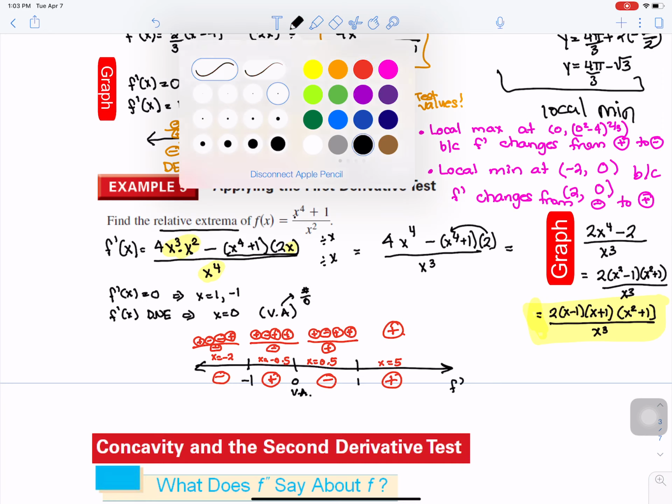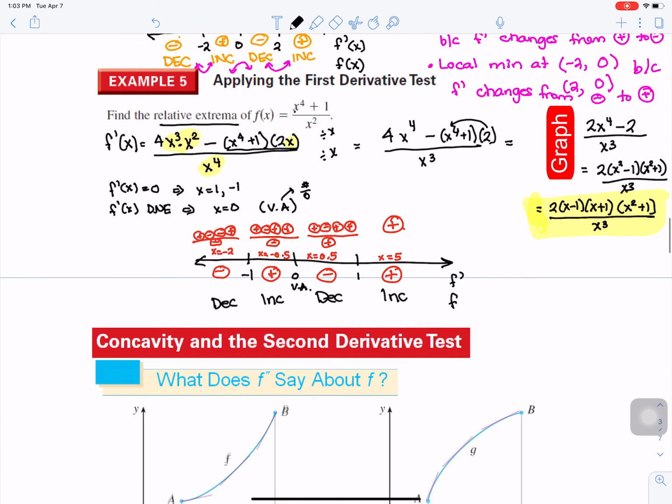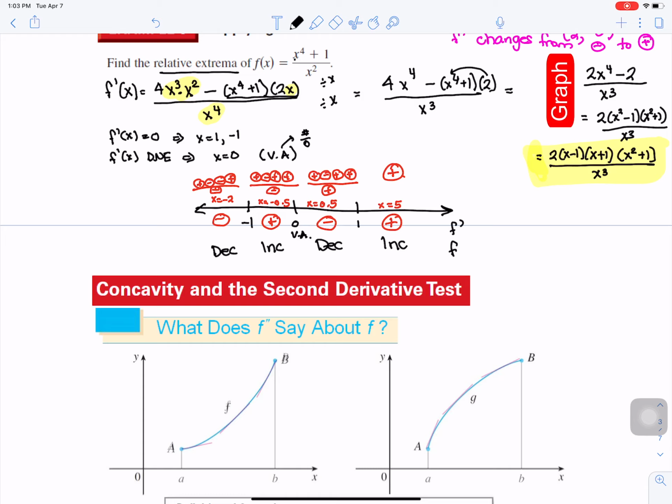We have to remind ourselves, what does that say about the original function? Decreasing, increasing, decreasing, increasing. Now, decreasing to increasing is kind of like this. Local min, local min. This is a vertical asymptote, so it can't be classified as anything.